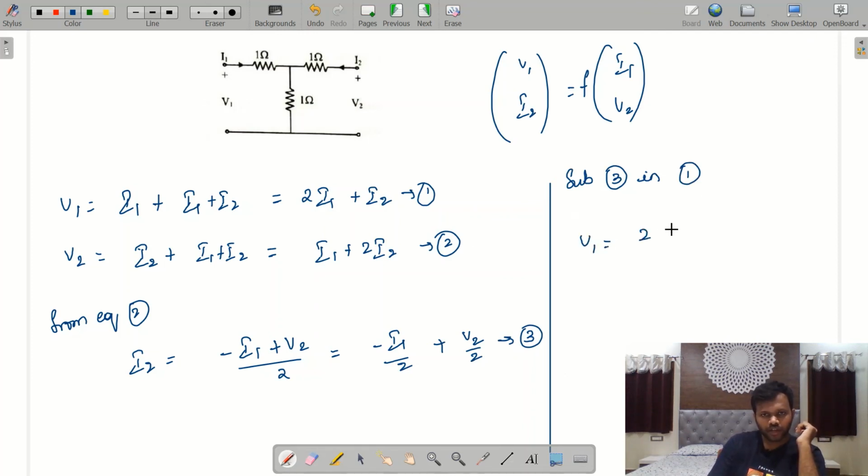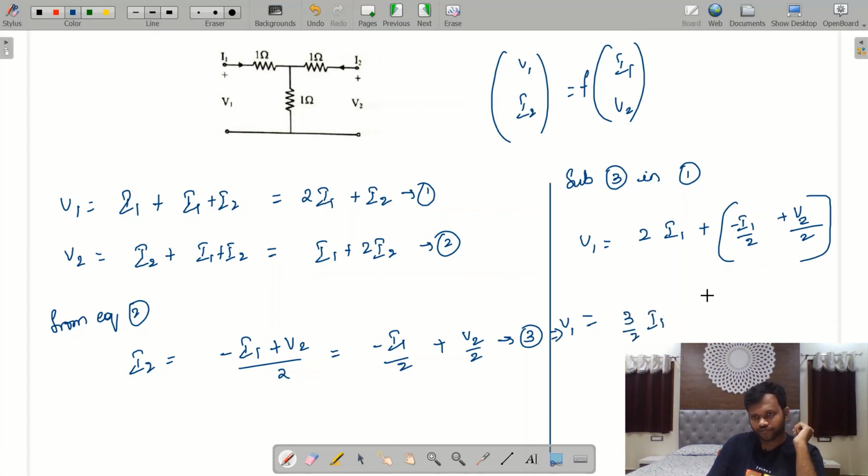By substituting 3 in 1, V1 equal to 2 into I1 plus, in place of I2, minus I1 by 2 plus V2 by 2. So V1 equal to 2 minus 1 by 2, so 3 by 2 I1 plus V2 by 2. This is my equation 4.